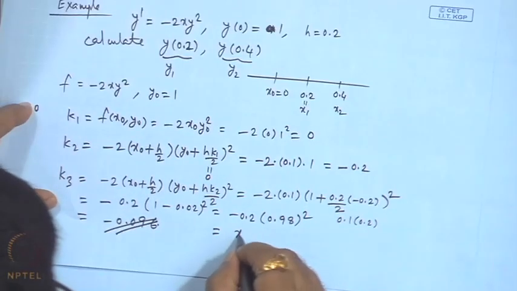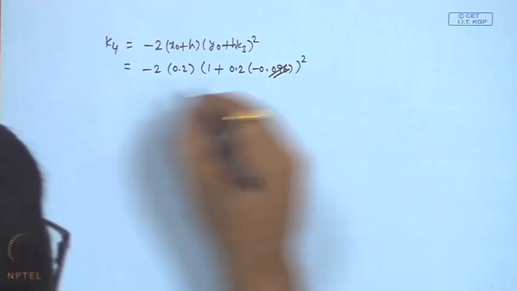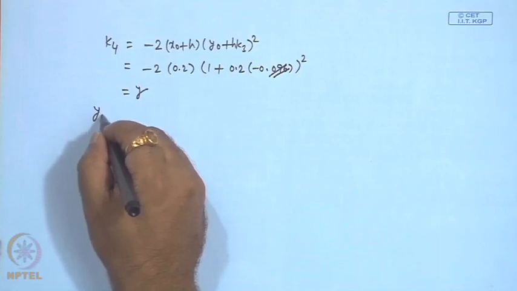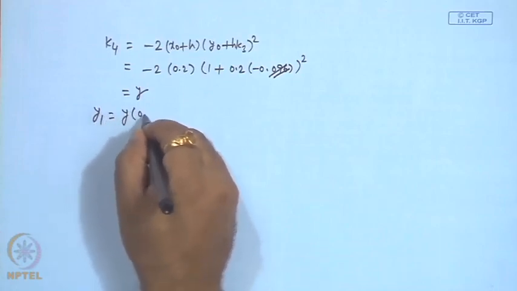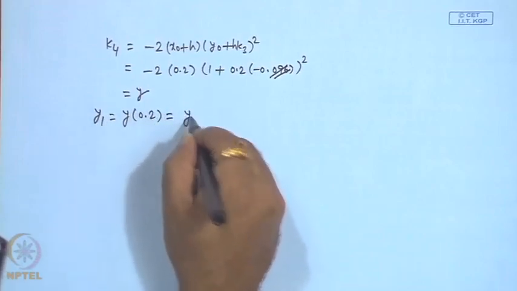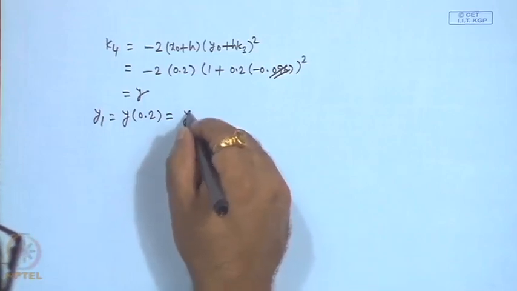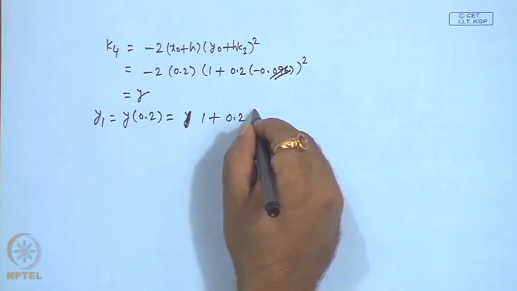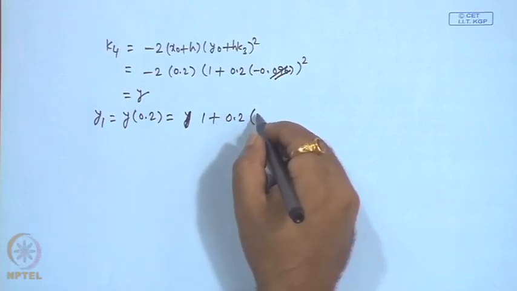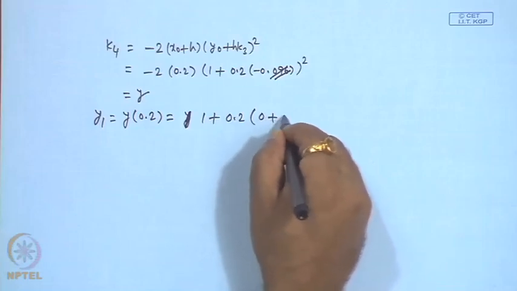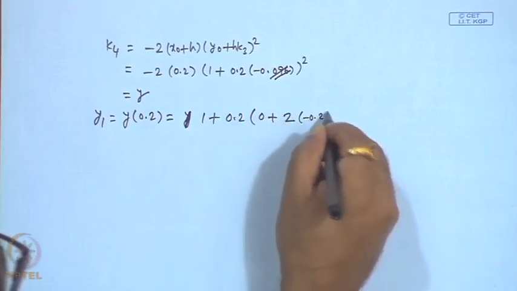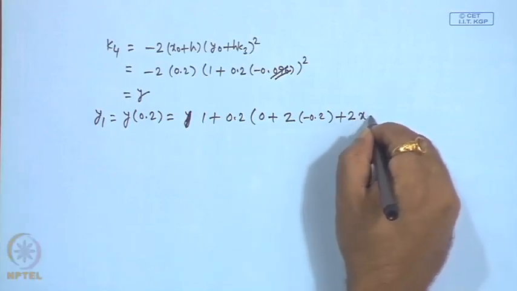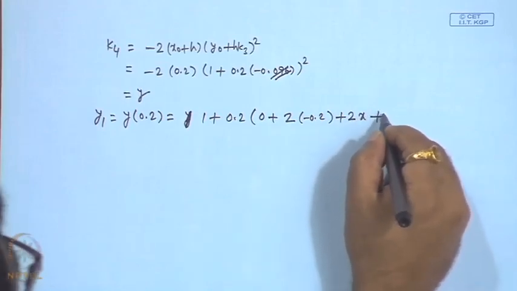So, we get k 3 is some x, then k 4 is some y. Then we get y 1 equals y of 0.2 equals y 0, that is 1, plus h, which is 0.2, times k 1, which is 0, 2 k 2 plus 2 k 3, where k 3 was x, plus k 4, some y.